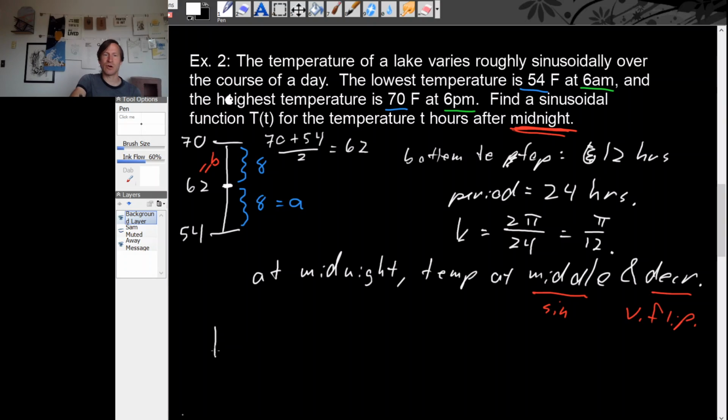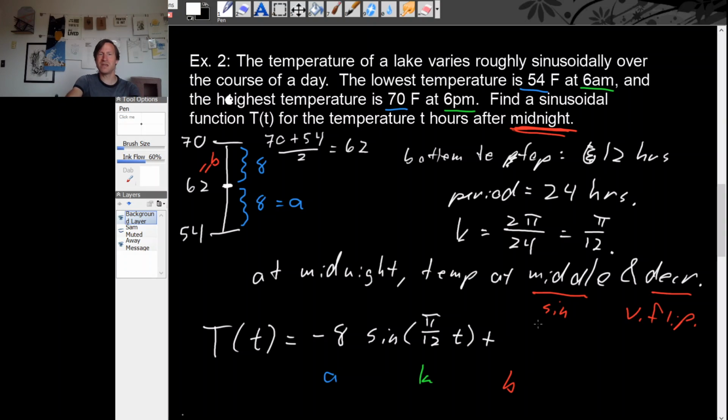Okay, so our function, capital T of little t, is our amplitude, which is 8, but also with a minus sign to make that vertical flip happen, times sine of our value for k, which is pi over 12 times t, plus our value for the mean, which was 62.